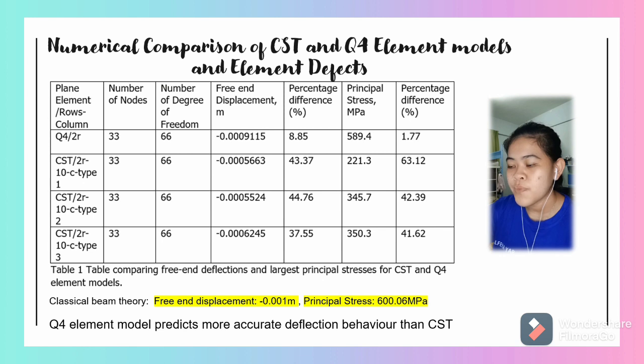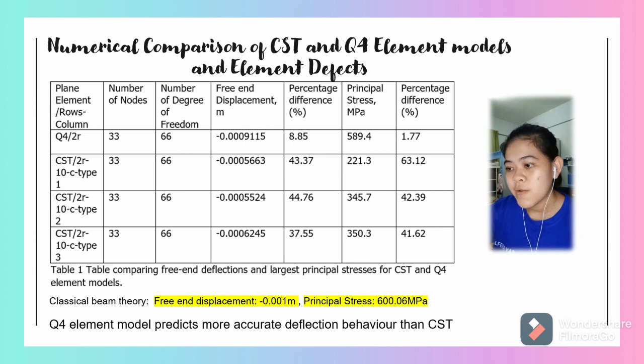And for the CST, the different types of CST have different performance, with different free end displacement and principal stress. Although they have the same 2 rows and 10 columns of meshing, due to the different type of form, they produce different results.